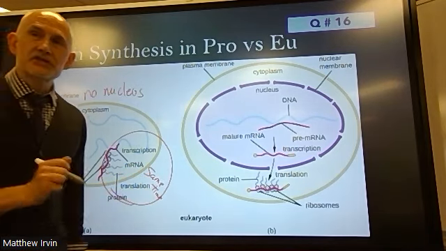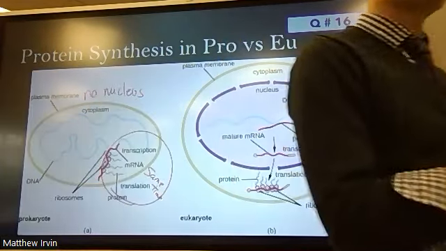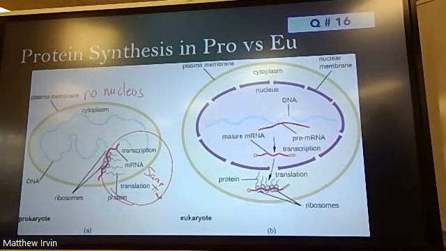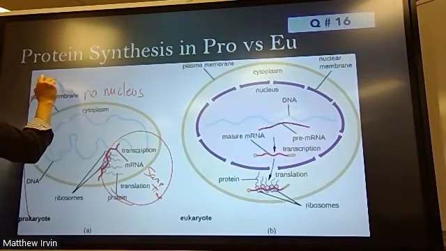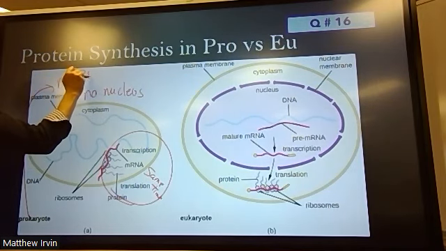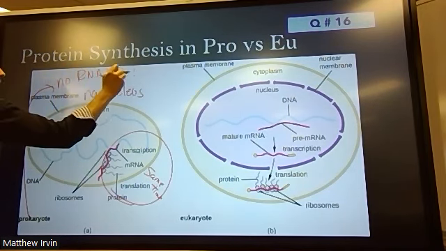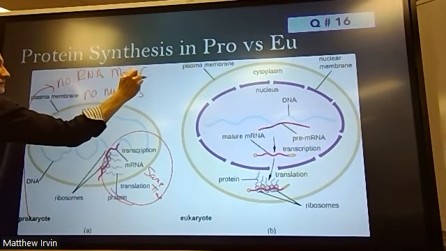As soon as transcription starts, a ribosome can bind and start making the protein even before transcription is done, because in prokaryotes there is no RNA modification.